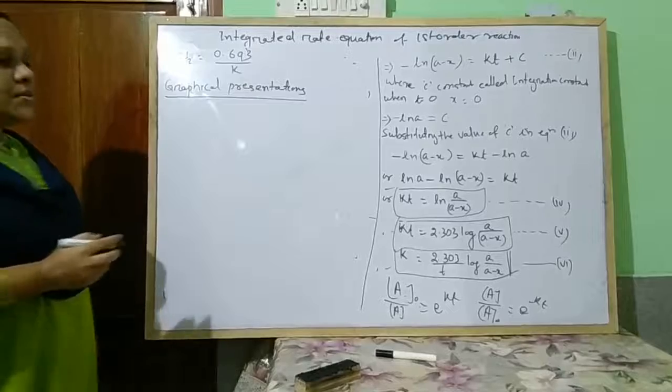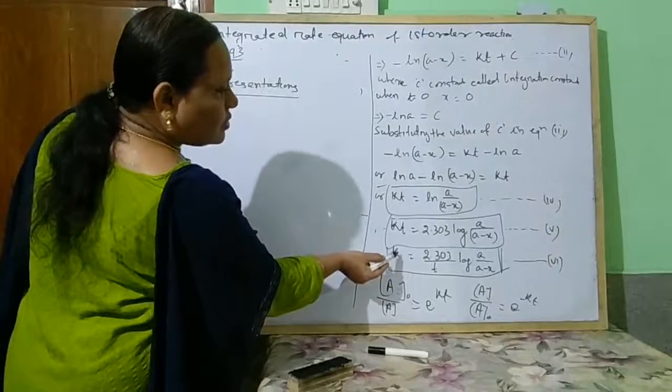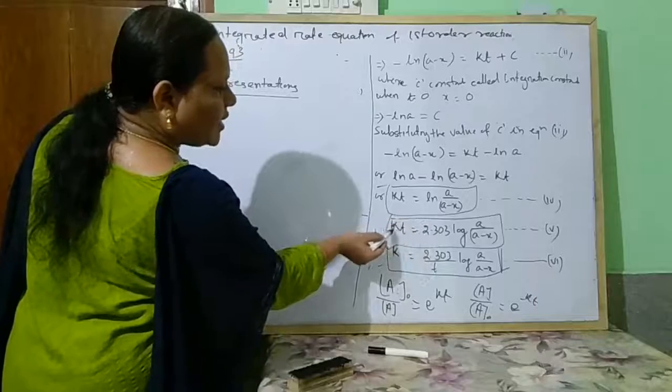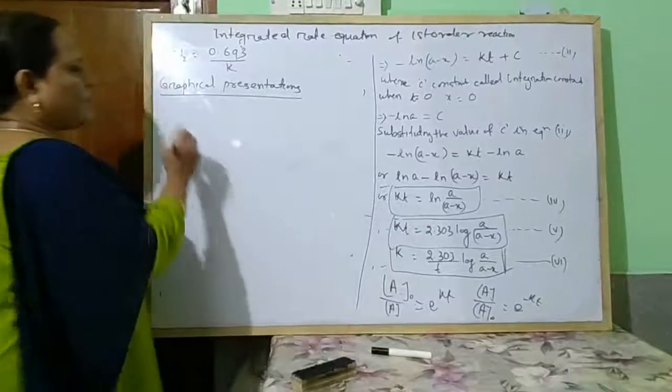Okay, so look at this equation number 6, or equation number 5 even, Kt equal to 2.303 log a by a minus x.